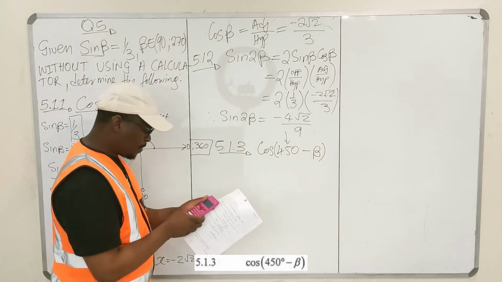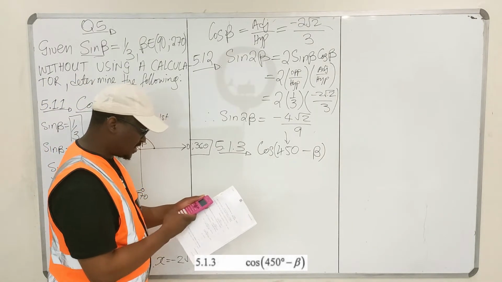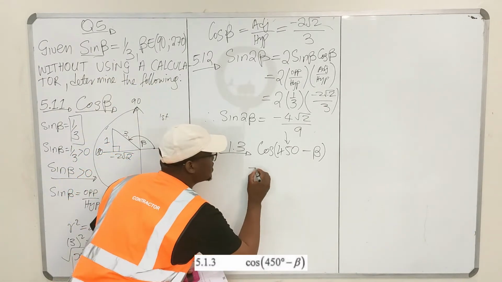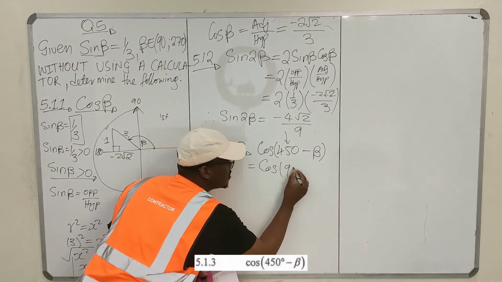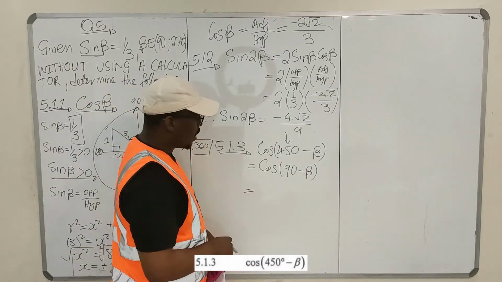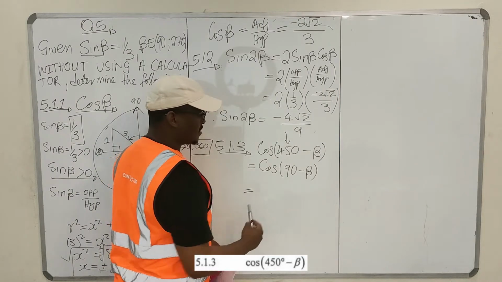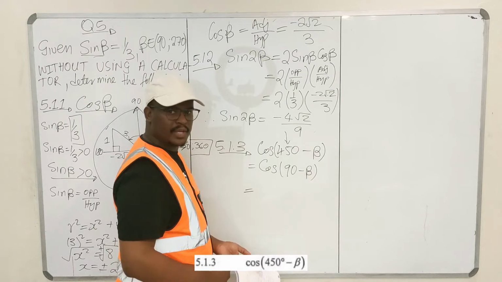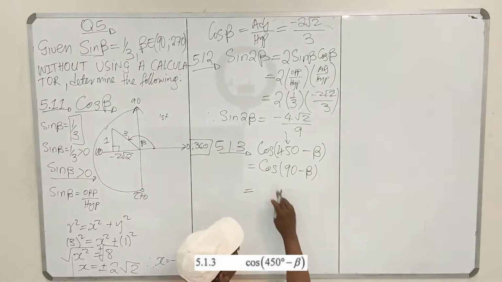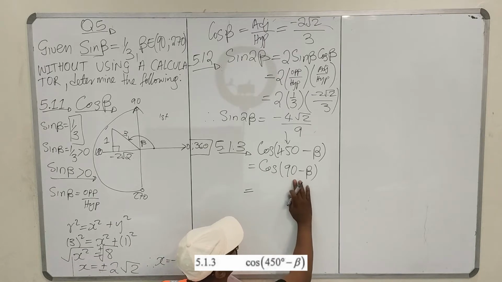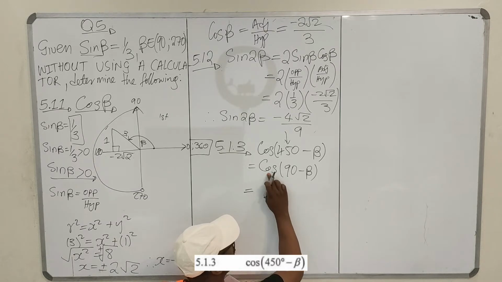So if I have 450, I'll subtract 360. I get that this is equal to cos of 90 minus beta. In which quadrant do you get 90 minus something? You get that in the first quadrant, right? So what sign is cos there?